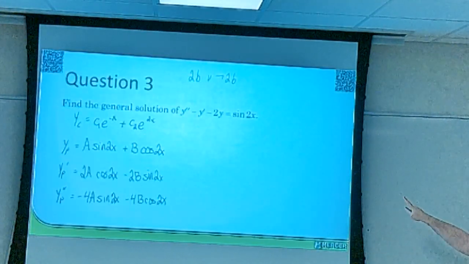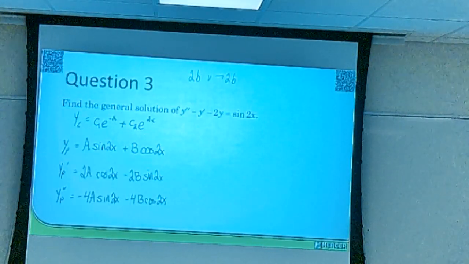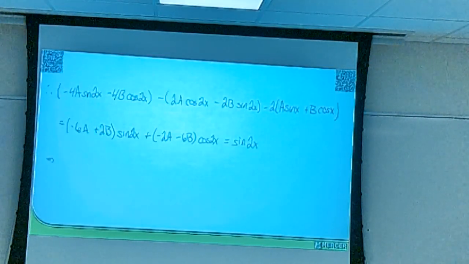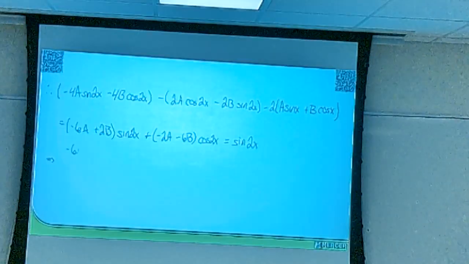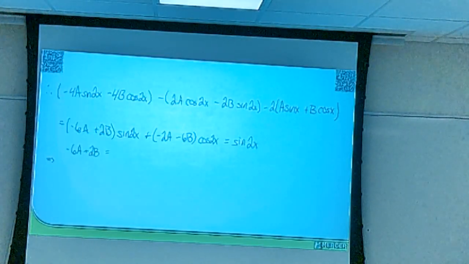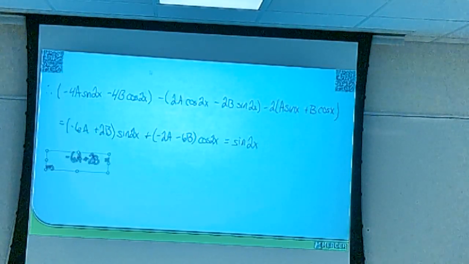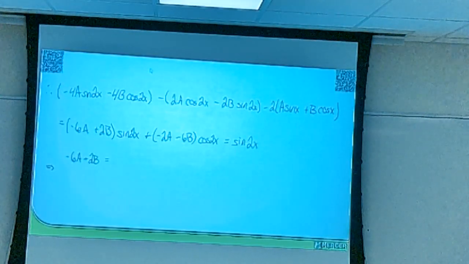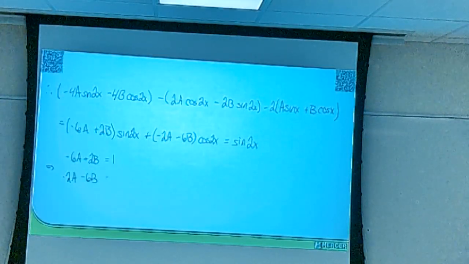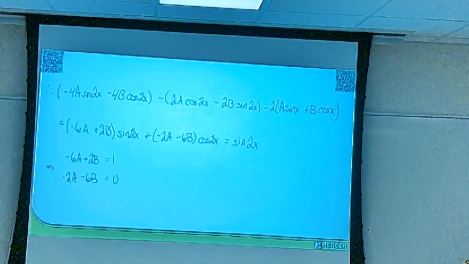Right? From the equation. So what does negative 6a plus 2b have to equal? One. What does negative 2a minus 6b have to equal? Now solve that system with your preferred method.